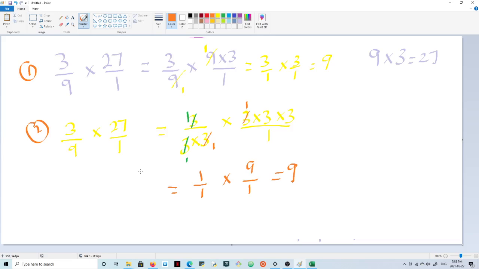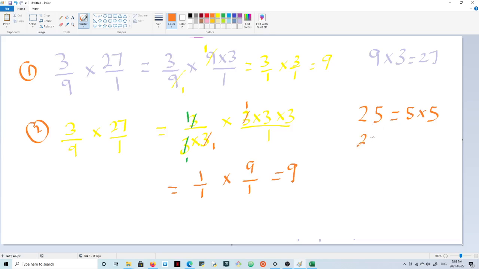Now, you need to understand your tables, and that would help you to find common factors. You can reduce stuff down, or you can break down. For example, if you write a number like 25, what is 25? 25 is the same as 5 multiplied by 5, and this would help you.